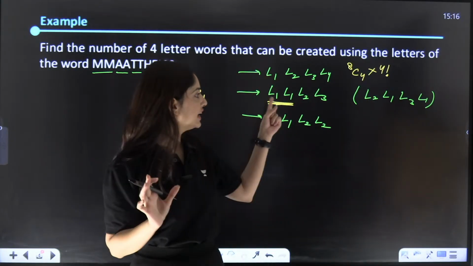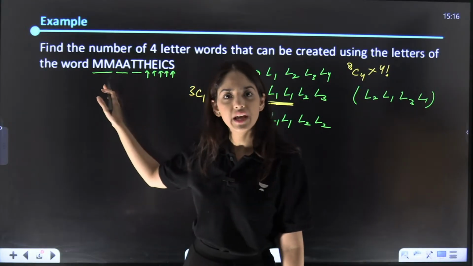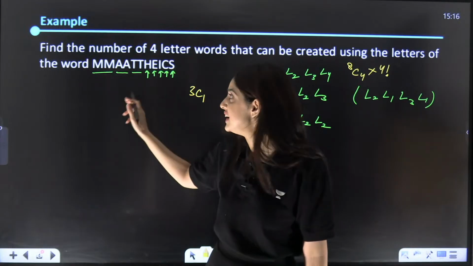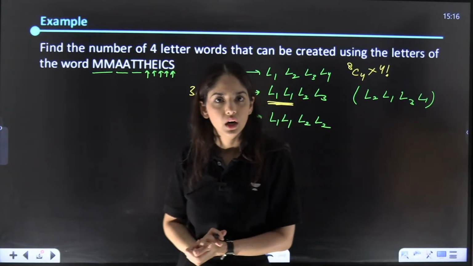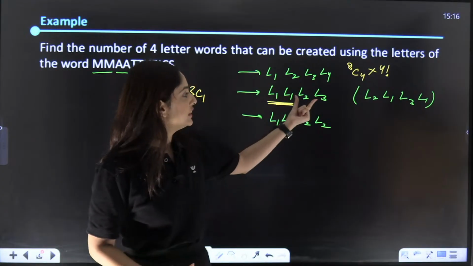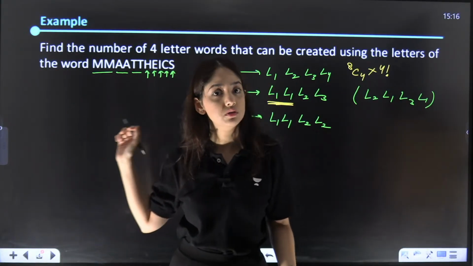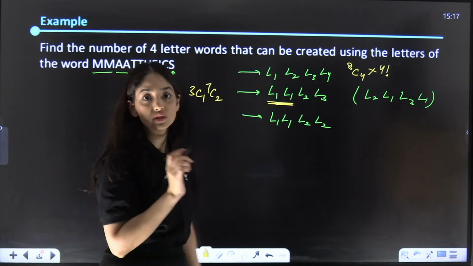Once we have selected L1, that is gone, but we can still, let's say we chose M. So M is gone, but we can still select A1s or T1s, or out of these distinct letters available, right? So for these 2, we don't just have 5 options, we have 7 remaining options. So we will select 2 out of those 7.